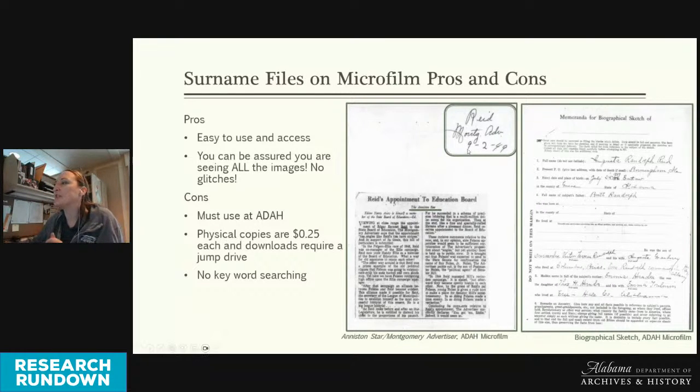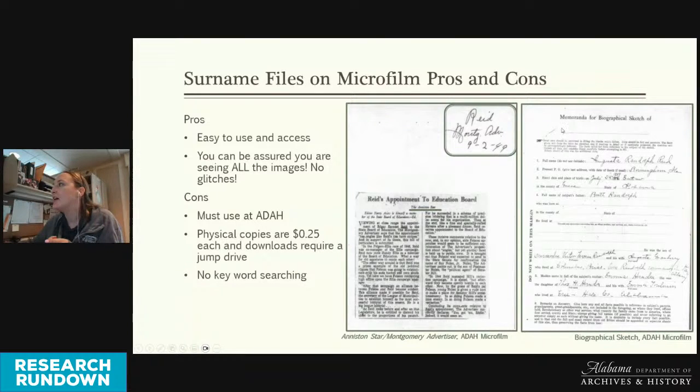Some more examples here. You've got an example from the Anniston Star / Montgomery Advertiser. You can see where originally this article was written in the Anniston Star, but the Montgomery Advertiser published it. It's from 1949, and it's about a man named Edgar Ernest Reed. He's being appointed to the Education Board.